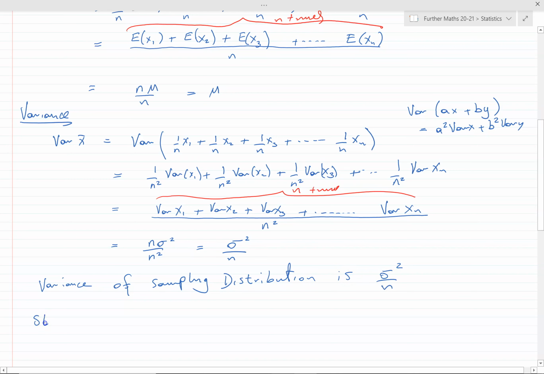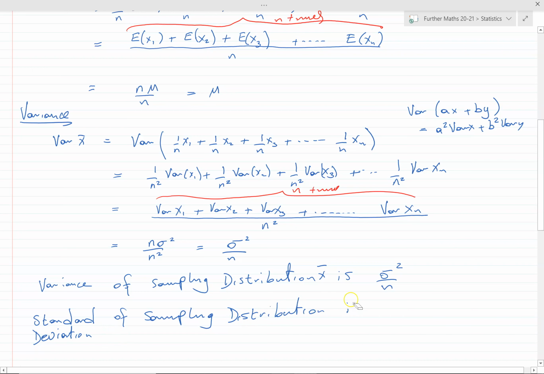So therefore the standard deviation of the sampling distribution of x bar is the square root of that.